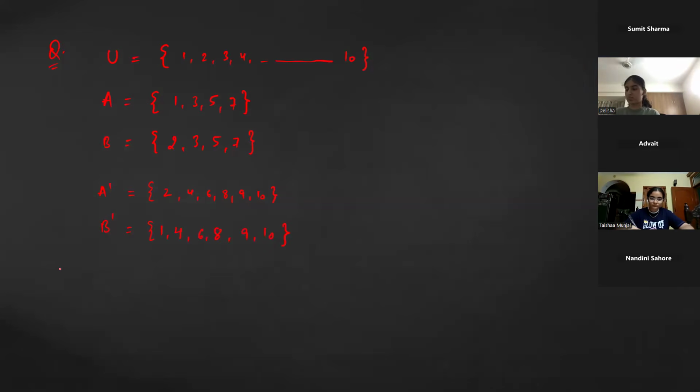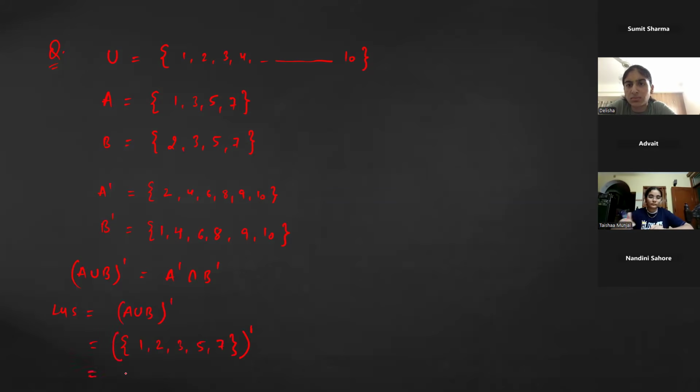Now let us prove the first one. So A union B whole complement is equal to A complement intersection B complement. This is the first De Morgan's law. So let us take LHS here. LHS is A union B whole complement. First of all, find out A union B. So A union B will be 1, 2, 3, 5, 7, right? And we want to find out the complement of this set.